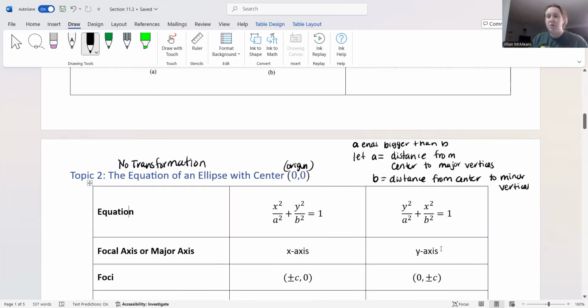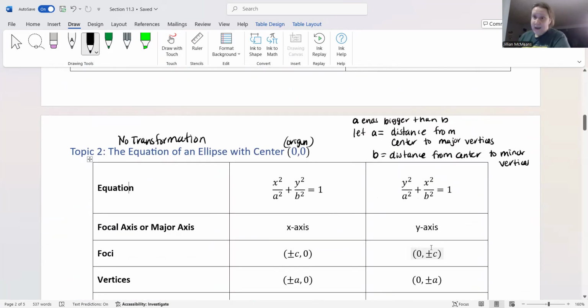It kind of depends on where A is. If A is the value under X, meaning the number underneath X is the bigger, then we have an ellipse doing this. If the bigger value is under the Y, so A is under Y, we have an ellipse doing this. And this does matter because one of the things we have to find is our major axis.